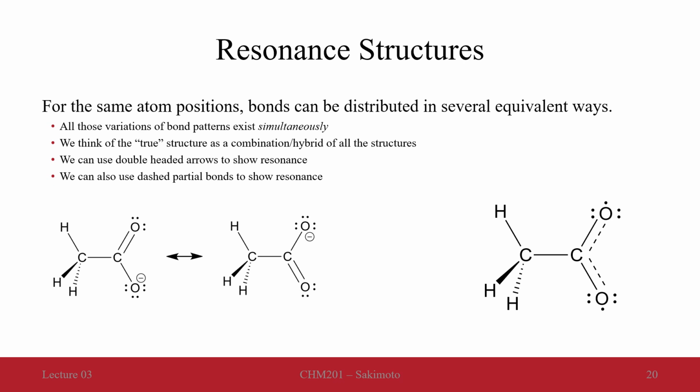And the actual structure that you might see under a microscope is the same bond between carbon and oxygen, rather than a single and a double bond. Each of those effectively has a 1.5 order bond. So slightly more than a single bond, slightly less than a double bond. You may think of this instead of one pair of electrons versus two pairs of electrons, 1.5 pairs of electrons, or 3 electrons between the carbon and the oxygen.